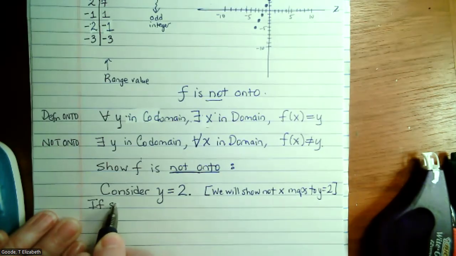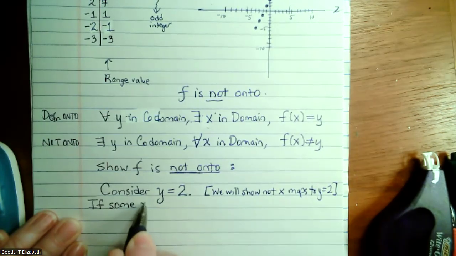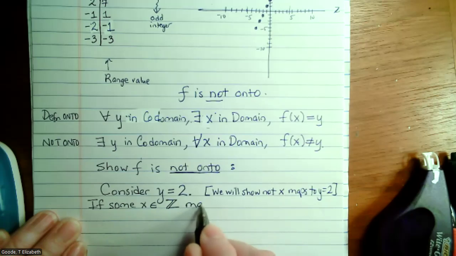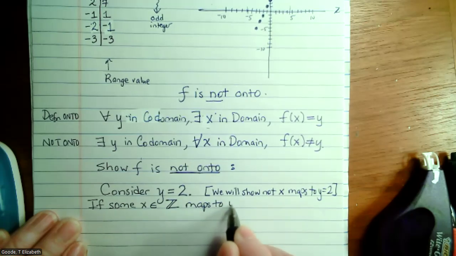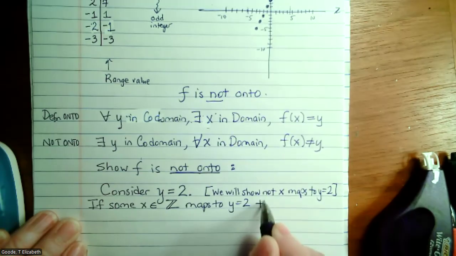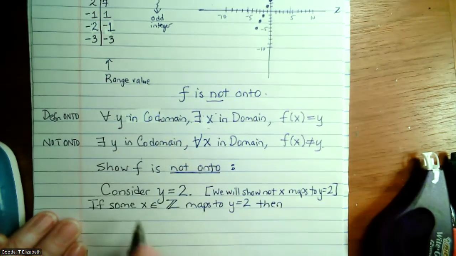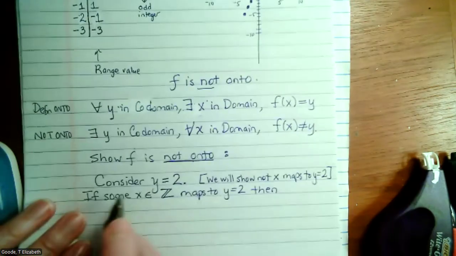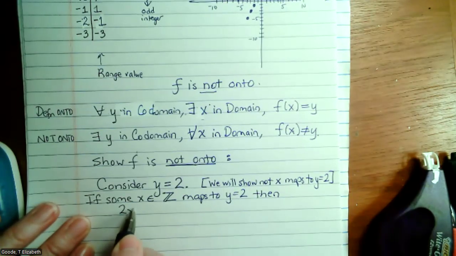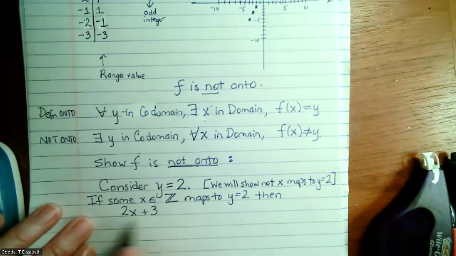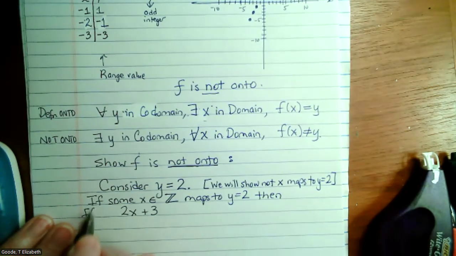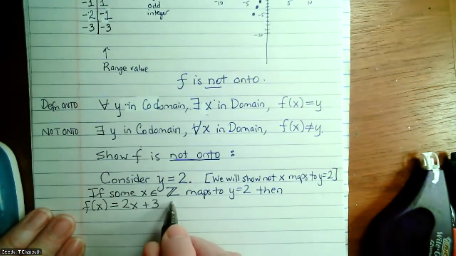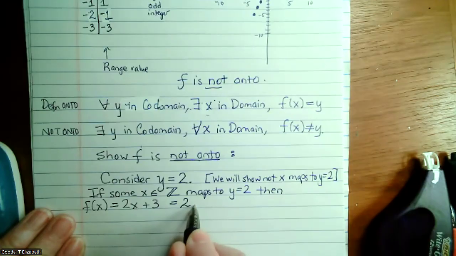If some x in Z maps to y equal 2, then the function is 2x plus 3, and f of x would be 2x plus 3, equaling 2.